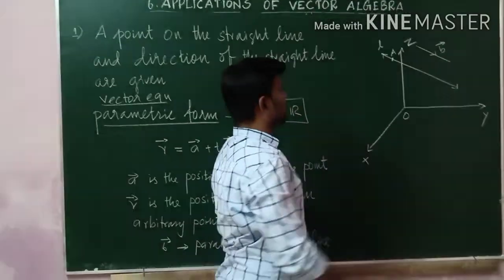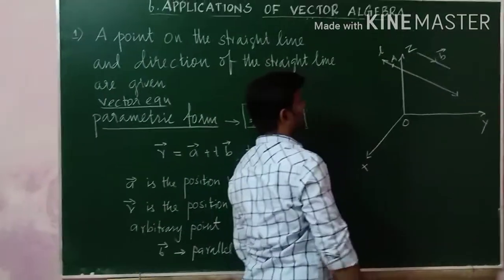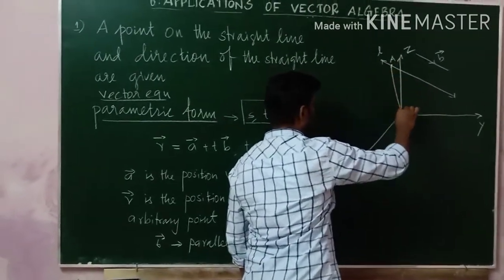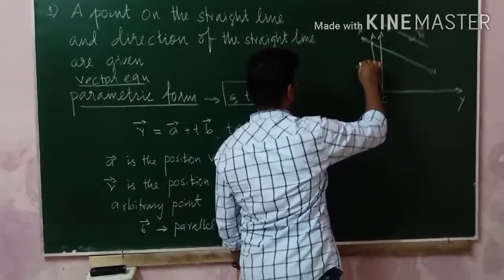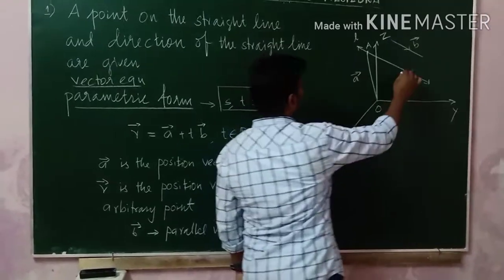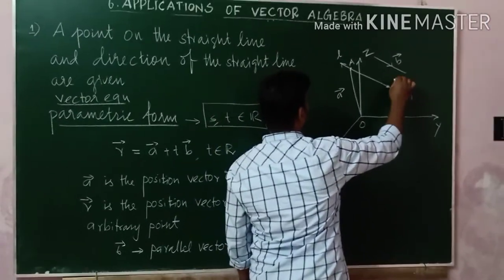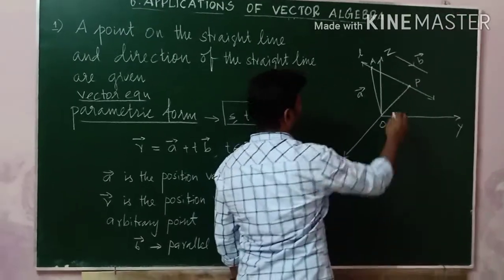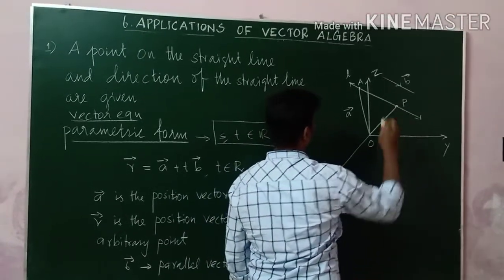So we are going to find this equation of straight line. The position vector of this point is what? A vector. We know what is position vector, and you can take any point on the straight line. Maybe I take it as P, whose position vector is what? R vector.